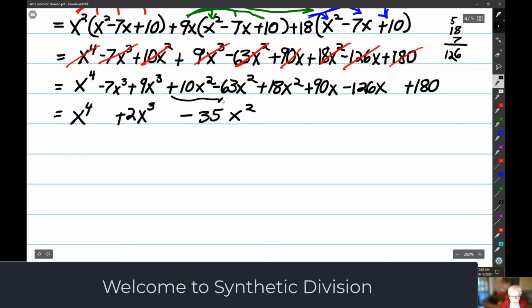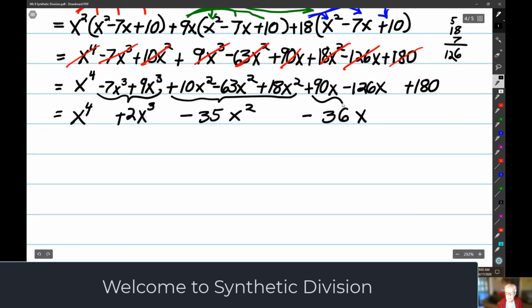So these went together to do that, and these went together to do that. And now 90 minus 126 is going to be minus 36. Does that sound right? I think it is. Minus 36x.